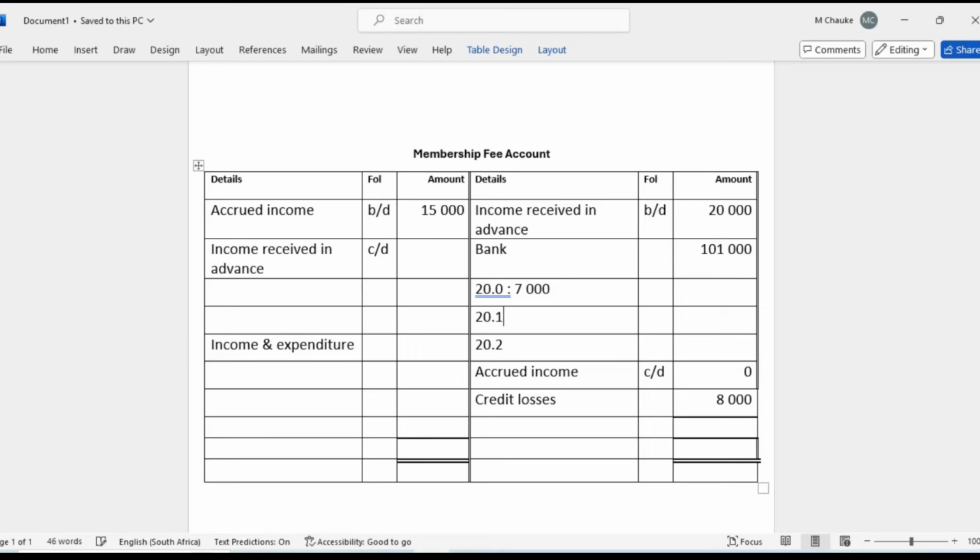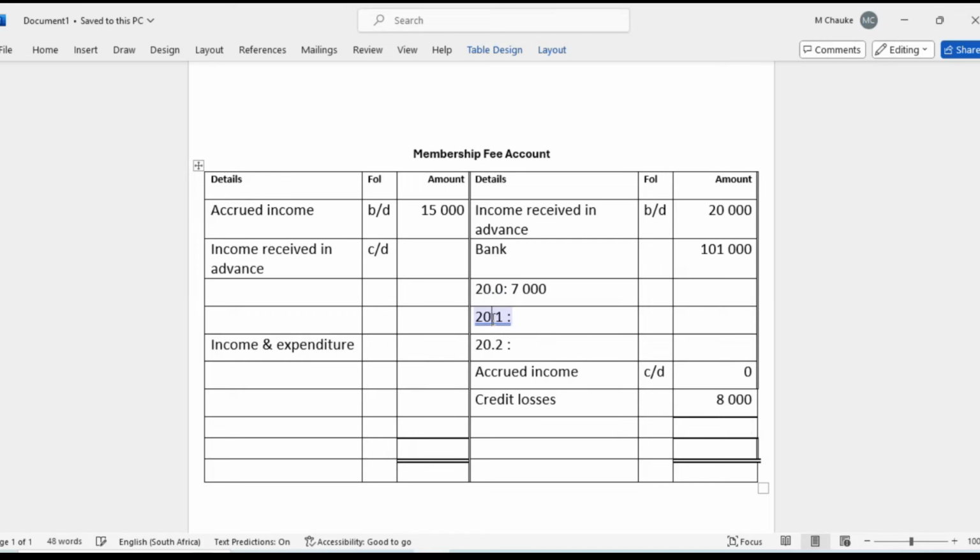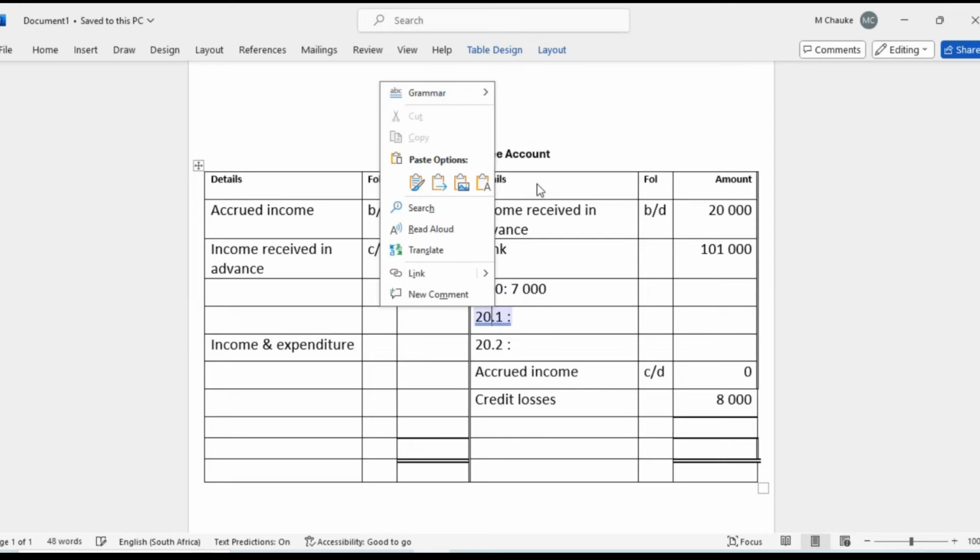And then we're going to need also the money for the current year, and then of the next year as well, right? So let's see.